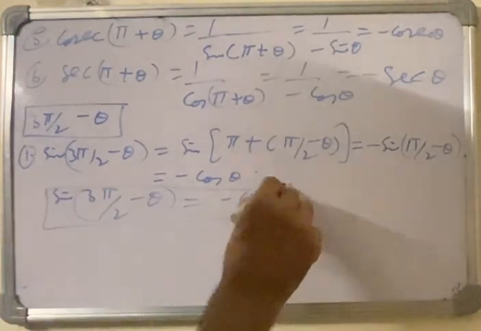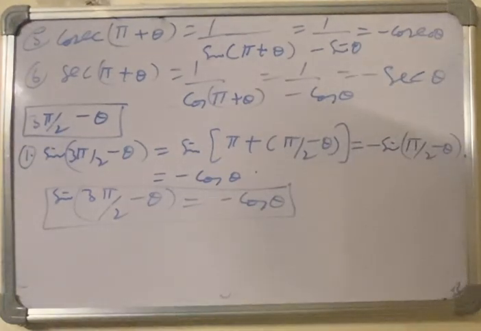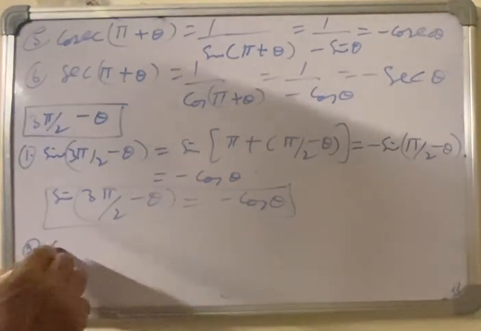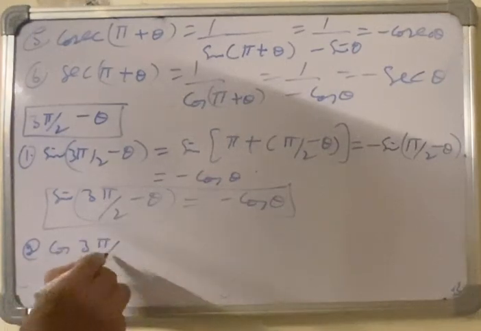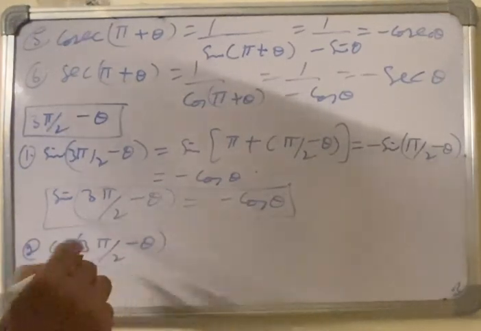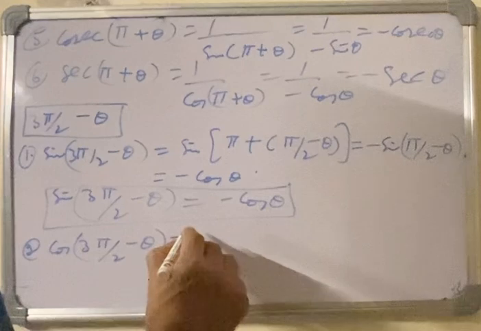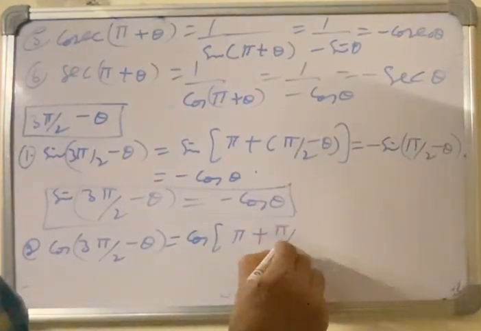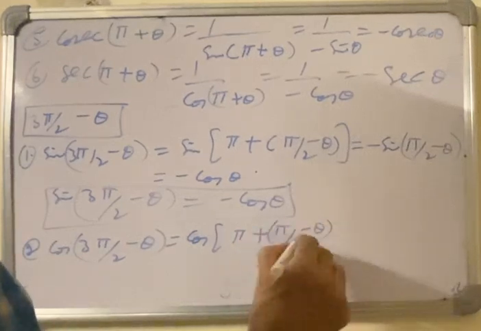So for this angle 3 pi by 2 minus theta, a right angle, sine is negative and it changes to cos. Similarly, second, cos 3 pi by 2 minus theta is equal to cos pi plus pi by 2 minus theta.